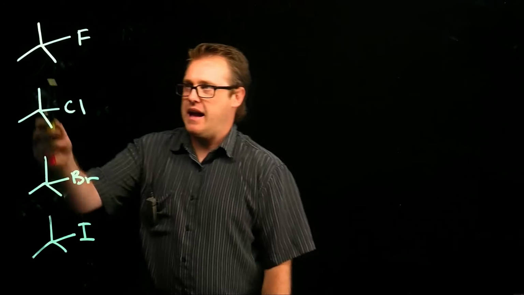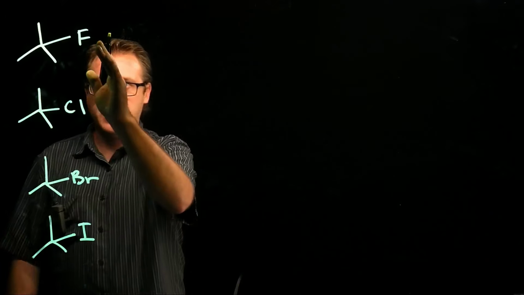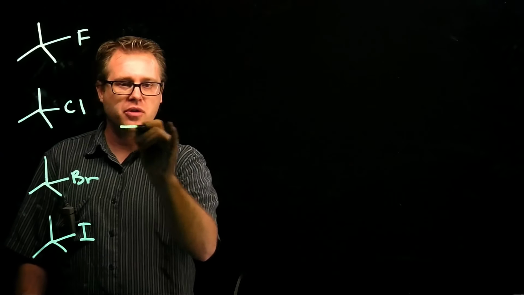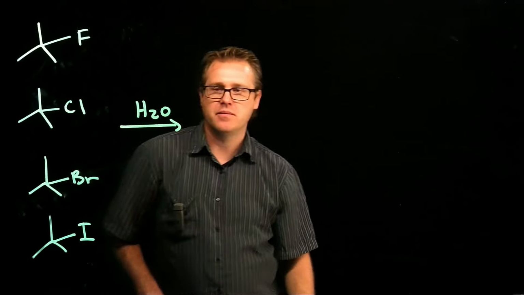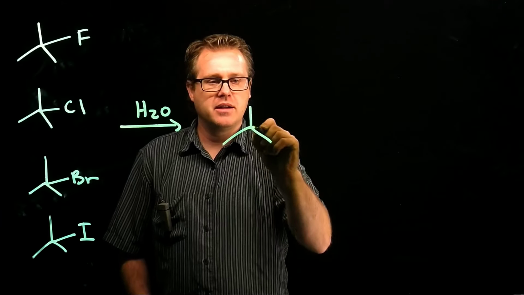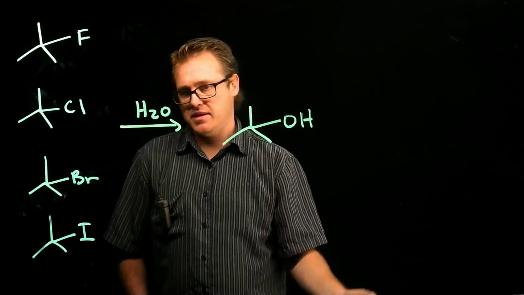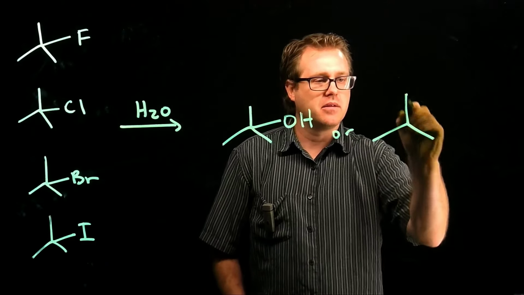So I take a look at these 4 different alkyl halides. And if I'm going to take each one of these and do the same reaction, treat them with water to generate our final product as this, or this.